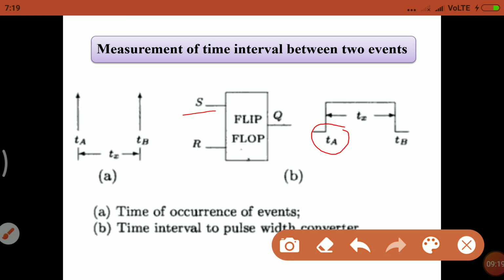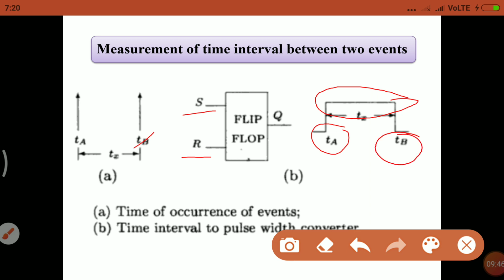So at TA there is generation of a pulse. After some time, at the time interval Tx, the second pulse occurs, that is TB occurs. So at R, the second input of the flip-flop, that is reset. As soon as the TB event occurs, the reset circuit activates and the flip-flop is reset again.